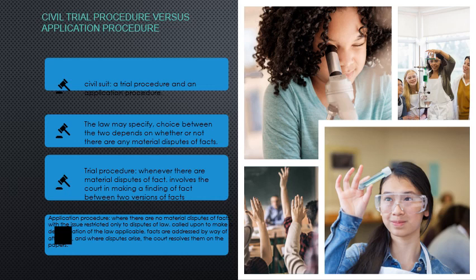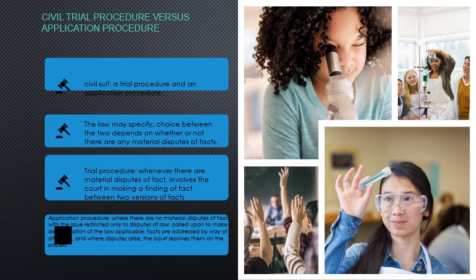Now, for one to know which procedure to use, it all depends on whether or not there are any material disputes of fact. If there are material disputes of fact, it has to be a trial procedure so that we see the evidence adduced by the persons alleging and weigh that evidence on the scales of justice, as we might want to refer to them.